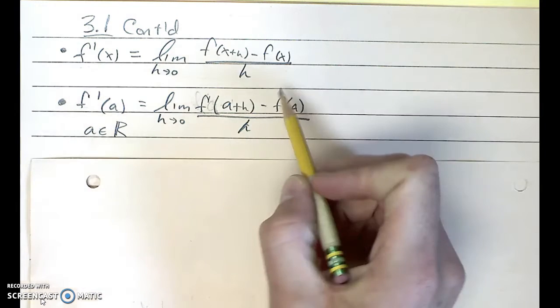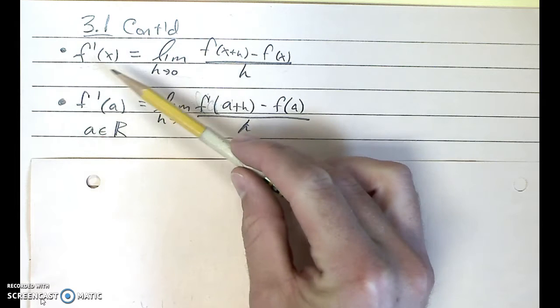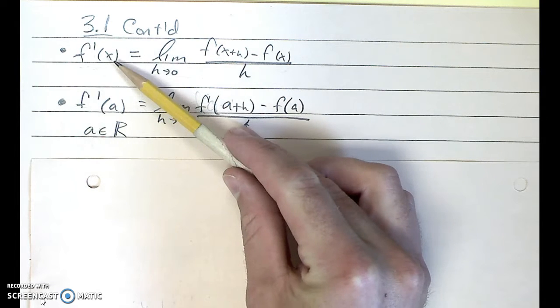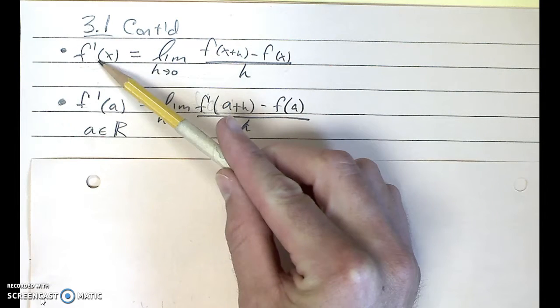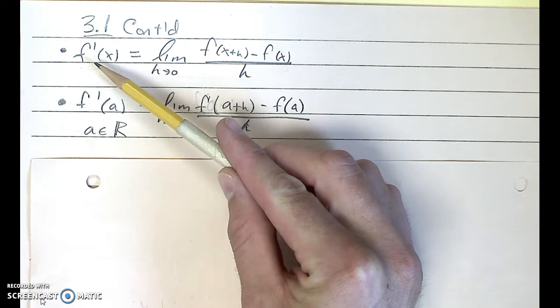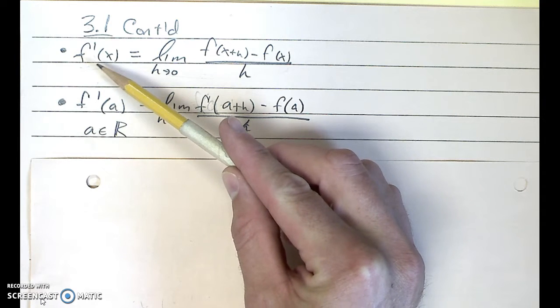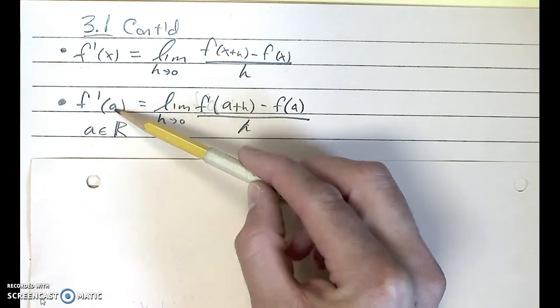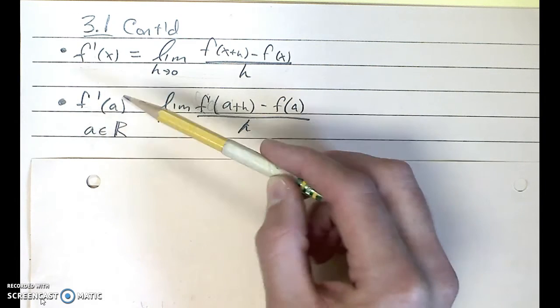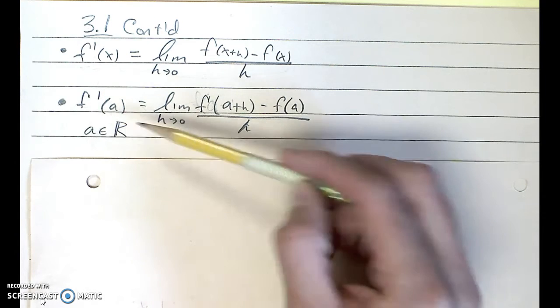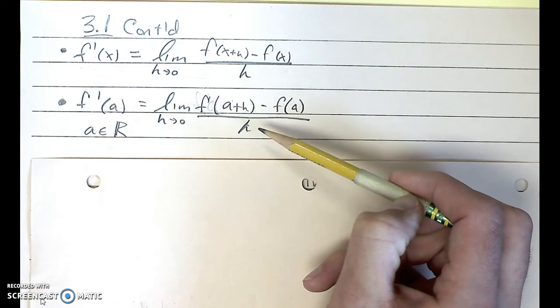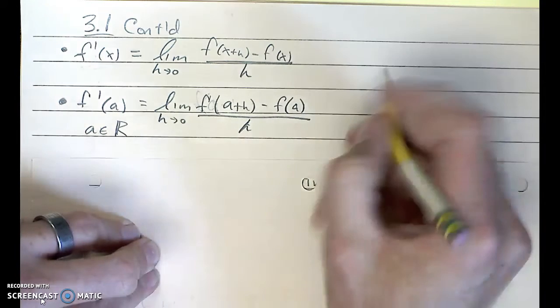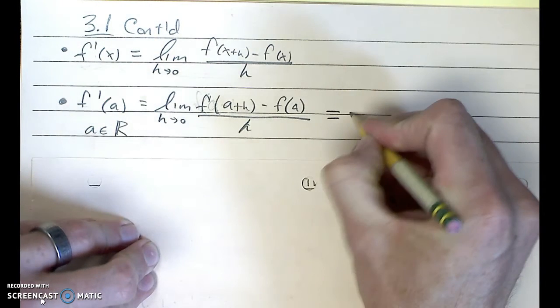A couple things to remind you about. The derivative of f of x is f prime of x. Okay, so what I'm pointing at here is what we would say f prime of x. That's just equal to this limit. Same for f prime at a point. So for any real number a, f prime of a is given by this same limit. And actually, there's an alternate definition.